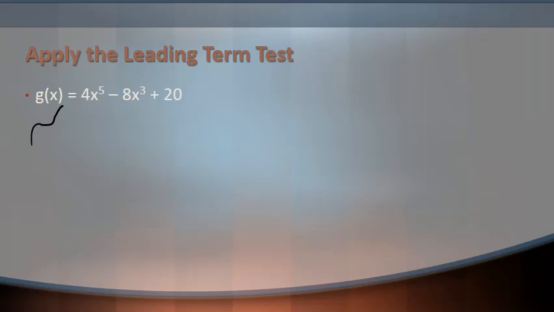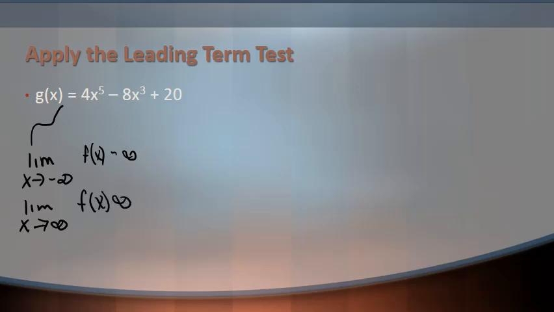And if we were to describe that in limits, we would say that the limit as x is approaching negative infinity of f of x is also going to be headed towards negative infinity, and the limit as x is approaching positive infinity, we would be expecting f of x to be headed towards infinity.